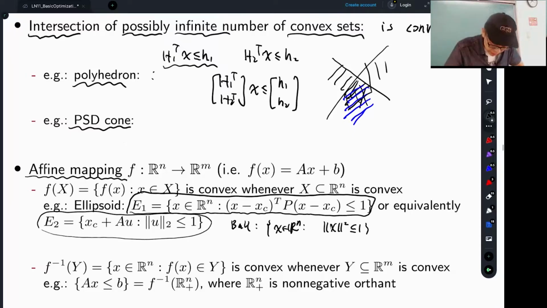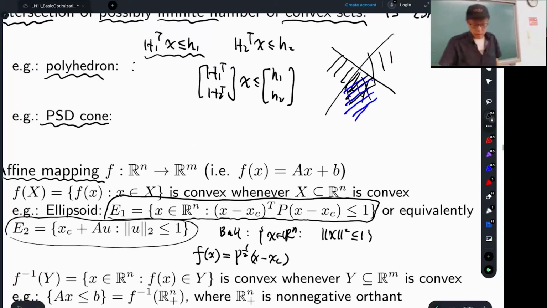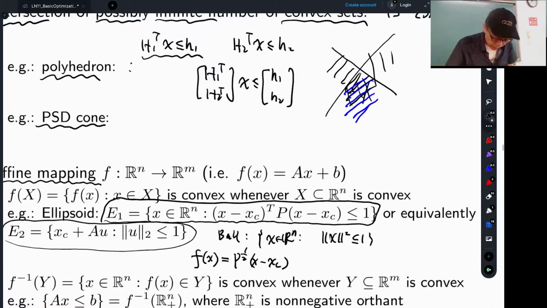And suppose we define the mapping f(x) equal to P^(1/2) x plus xc. Now what kind of function is this function of x with respect to x?